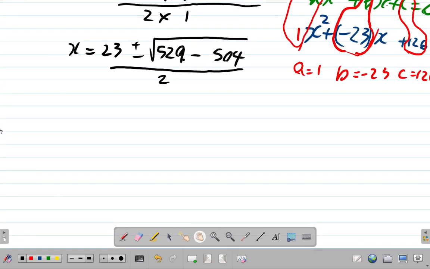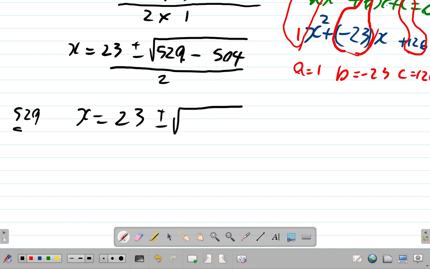So now what we have here is x equals 23 plus or minus the square root of what? It's going to be 529 minus 504. So when we have 529 minus 504, we're going to have 9 minus 4 is 5, 2 minus 0 is 2, 5 minus 5 is 0.